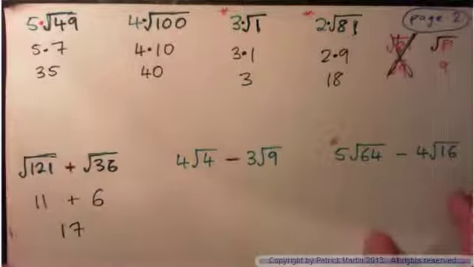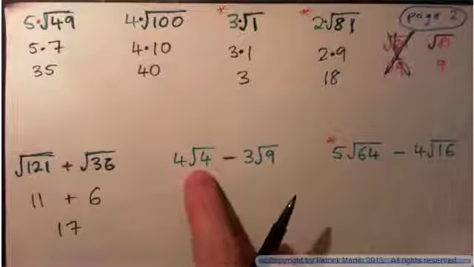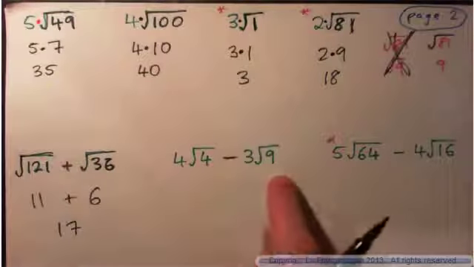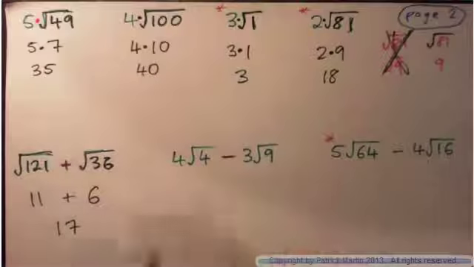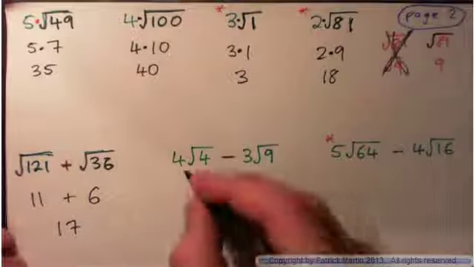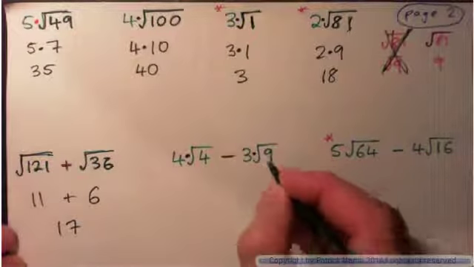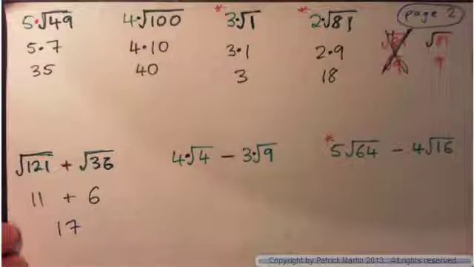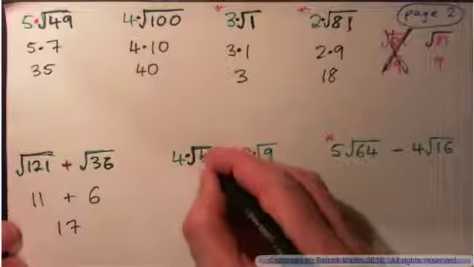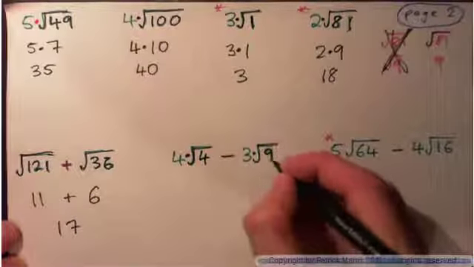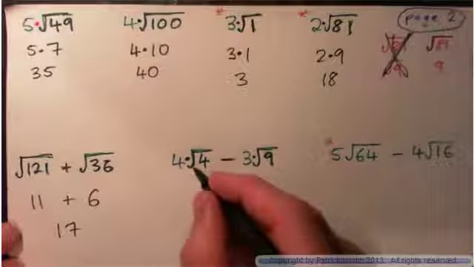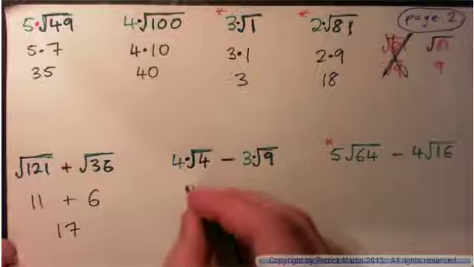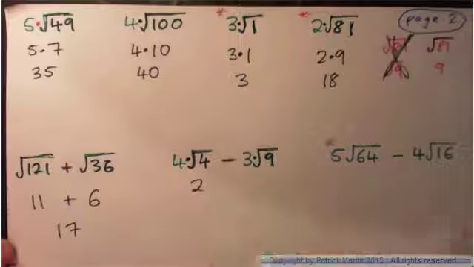Now, can you calculate this one? 4 root 4 minus 3 root 9. What will we do here? Well, we really need to think about PEMDAS again, don't we? Order of operations. We've got to multiply these and then subtract. But in order to multiply them, we have to actually calculate the roots first. If we don't calculate the roots, I can't do anything, right? So what is square root of 4? What times itself gives 4? 2, right?